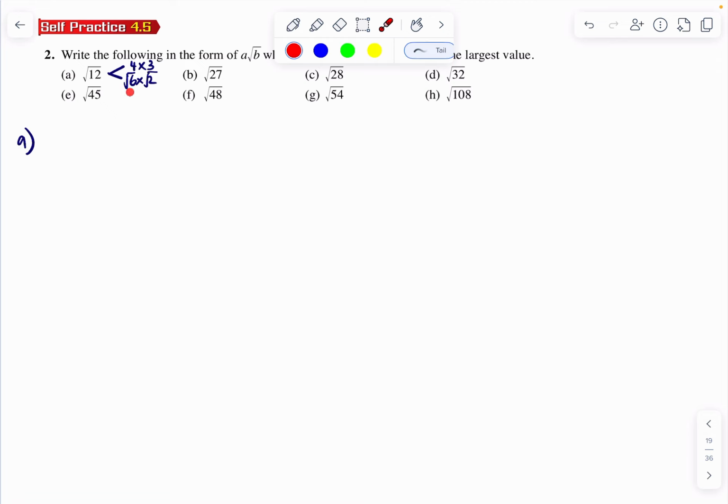We can't find what's root 6, we can't find what's root 2. But root 4 and root 3, root 4 is a perfect square. Root 4 is just 2. So we can choose root 4 times root 3, because root 4 will become 2. So it's 2 root 3. And that's how the calculator finds it.